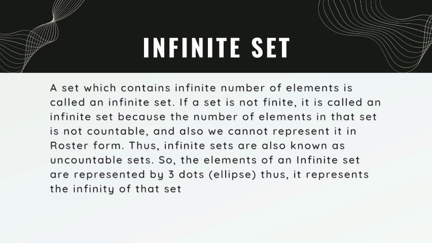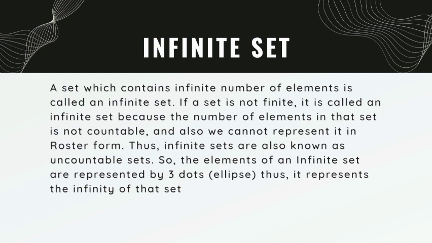If a set is not finite, it is called an infinite set because the number of elements in that set is not countable, and we also cannot represent it in roster form. Thus, infinite sets are also known as uncountable sets. The elements of an infinite set are represented by three dots or the ellipsis. Thus, it represents the infinity of that set.